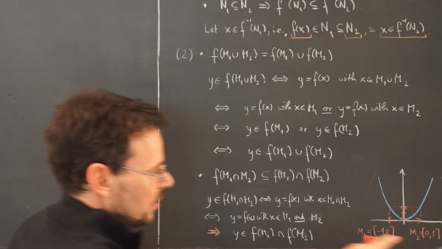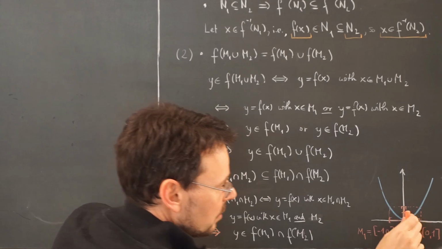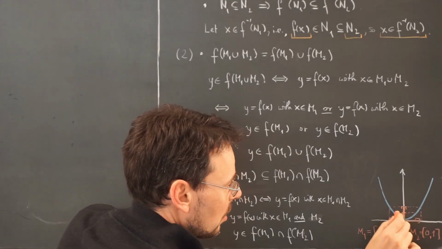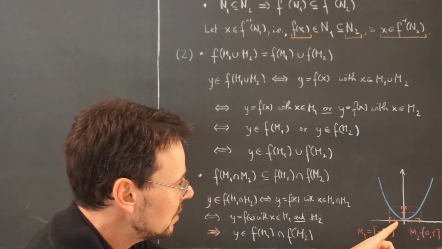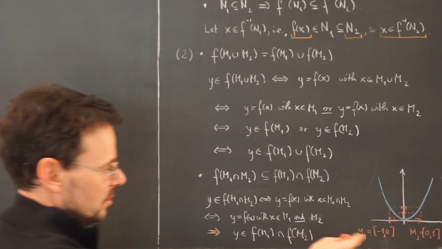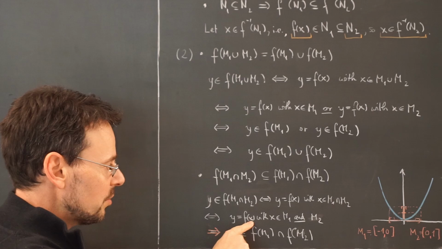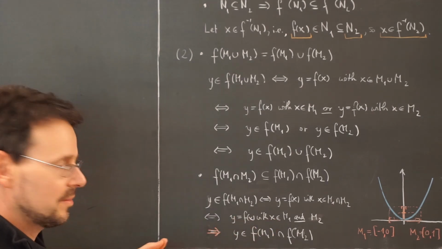be an element of this, for example, by mapping, I don't know, this number here, and can belong to this set by being the image of this number here in the other set. And then it is not possible to write it as f of x with a unique x.